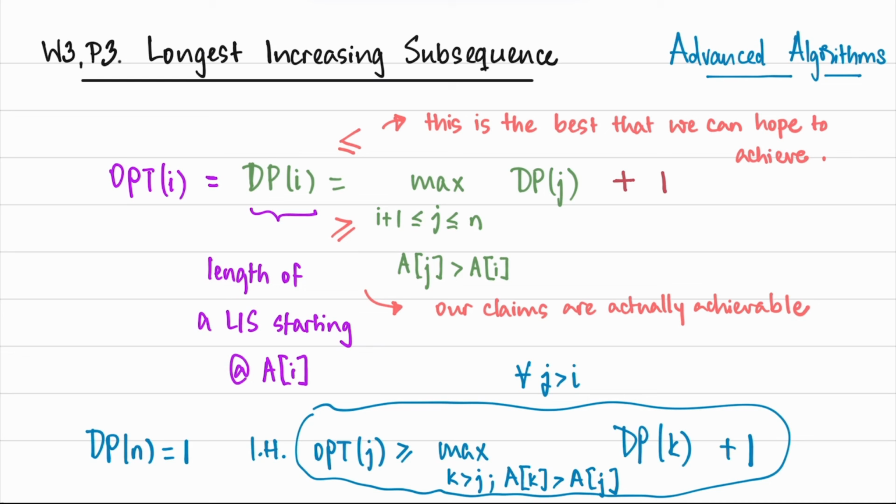So whenever you have a recurrence, I think this is a nice way of thinking about it. First, make sure that whatever you're claiming is realistic, that you can actually achieve it. And the second aspect is to say that nobody can do any better than the outcome claimed by your recurrence.